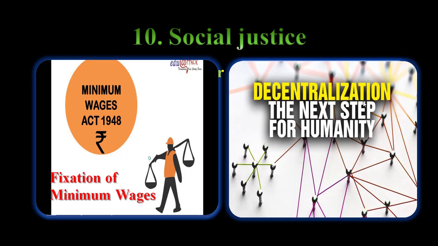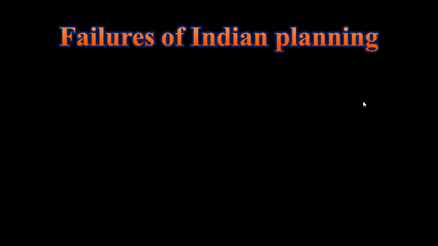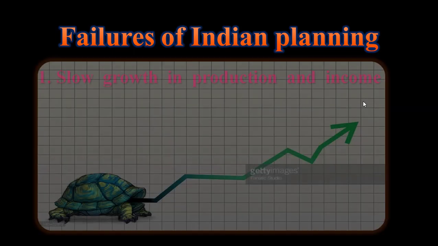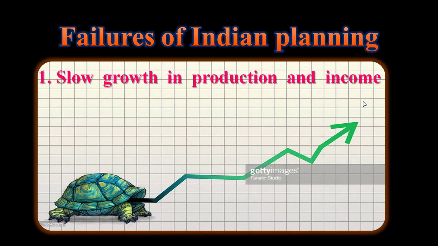Even though we have all these achievements, some failures are also there. So let's come to what the failures of our Indian planning are. There are also many failures in Indian planning. Prominent of them are, number one, slow growth in production and income.